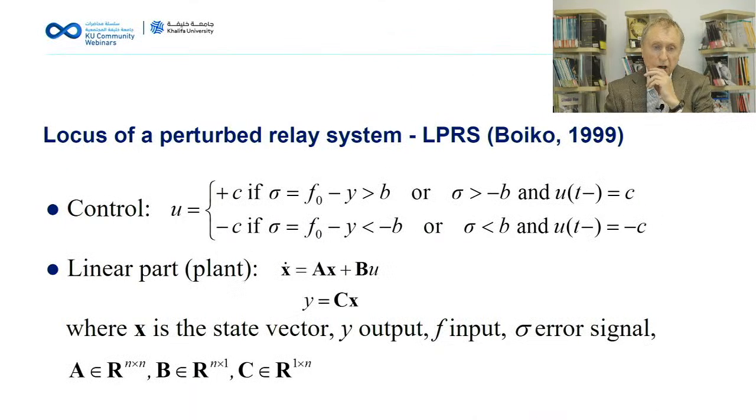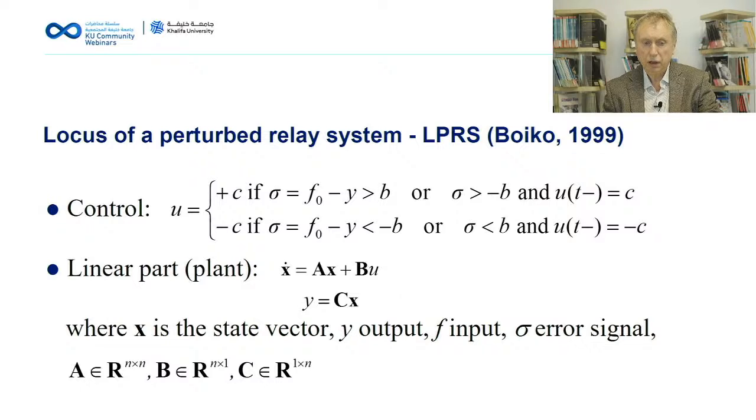And now about the locus of a perturbed relay system. I will very briefly go through the concepts of the LPRS method because it may be a subject of consideration just by itself.